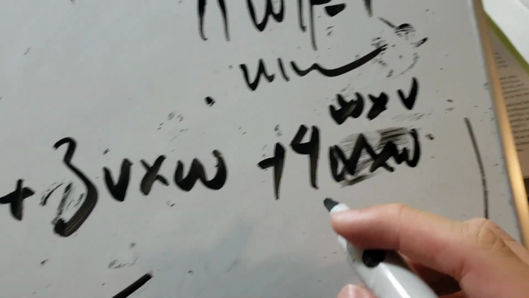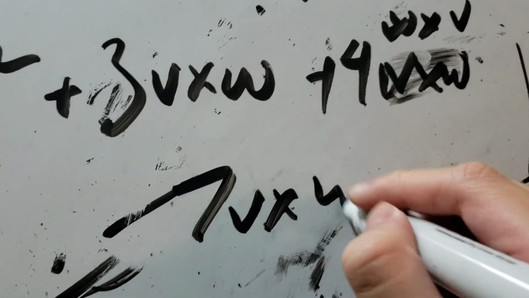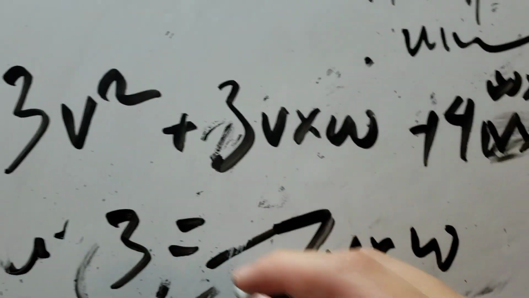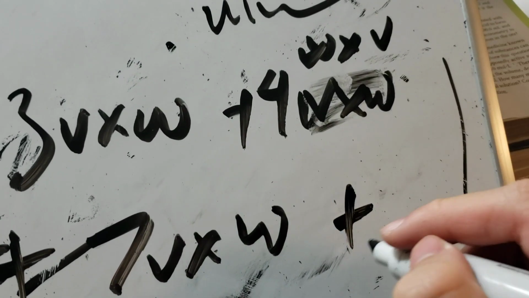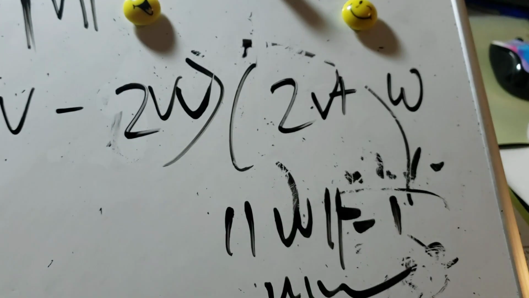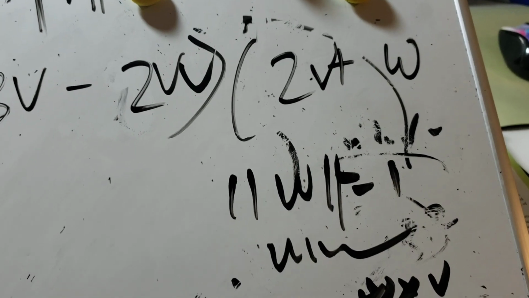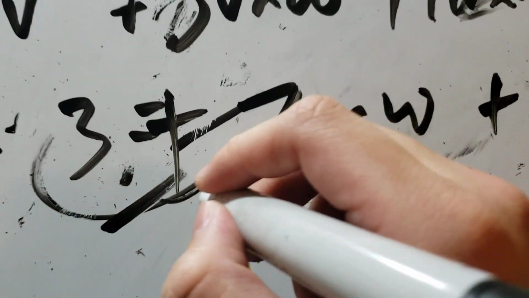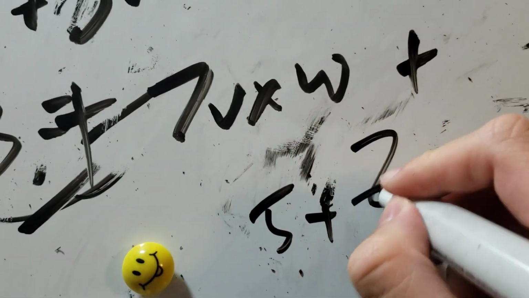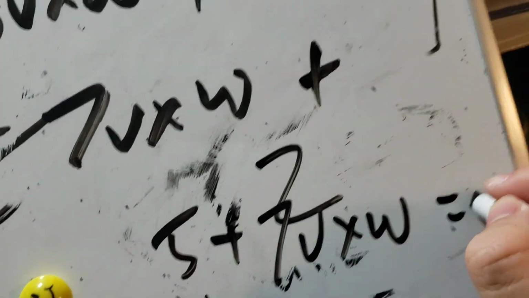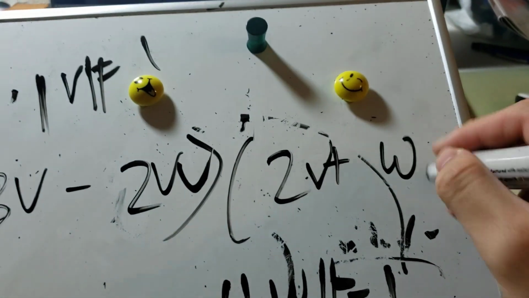So you reversed it, which equals 7 v cross w, which equals 3 over here. So that's our plus 3 plus, what was this again? w was 1, so it has 2. That's 2 over here, so 5 plus 7 v cross w, and I chose this to equal 0.